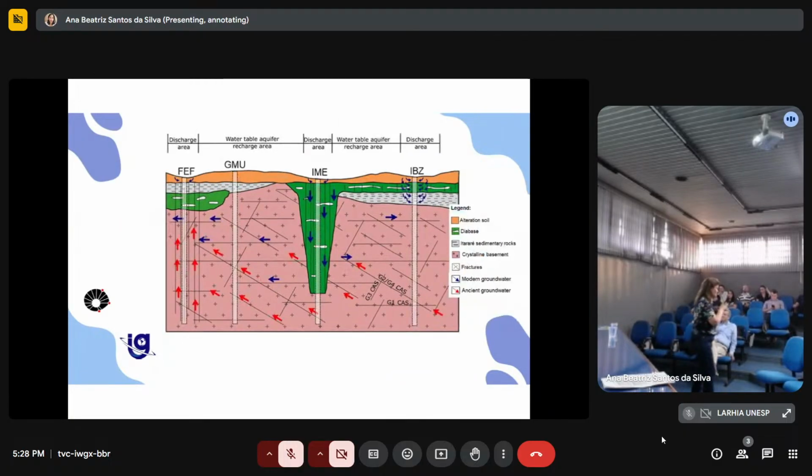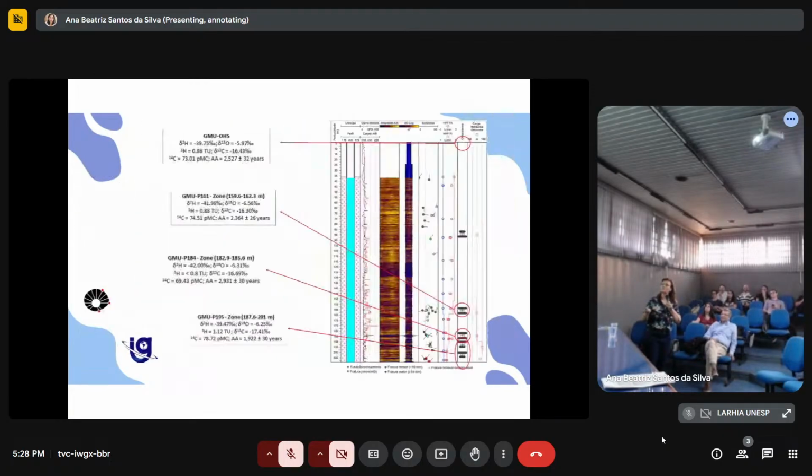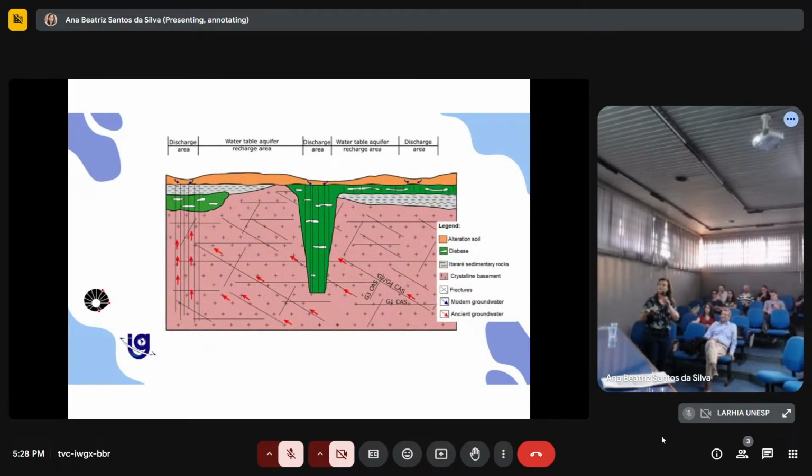So we did all this, and what we concluded after we analyzed all the results is that before we started using this groundwater in the area, this was probably the situation. Before we had the boreholes, before we had the wells, we had a phreatic aquifer here, confined to the soil layer, and then probably the diabase sill here prevents this water from going down.